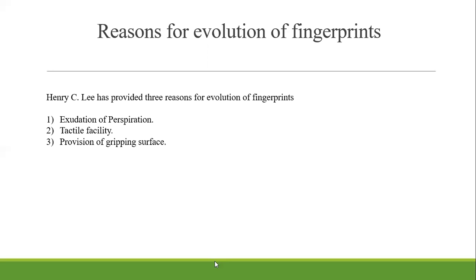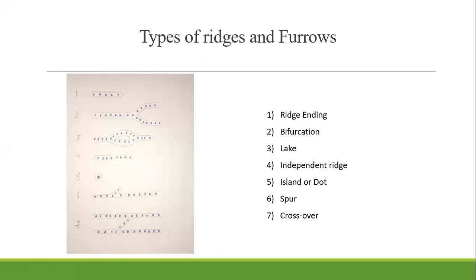Now, if we have to talk about types of fingerprints, before that we'll have to look into types of ridges and furrows. So on the left hand side, you see 7 basic patterns of ridges, and on the right hand side are their respective names. These patterns then convolute and form much more complex patterns which lead into fingerprints.